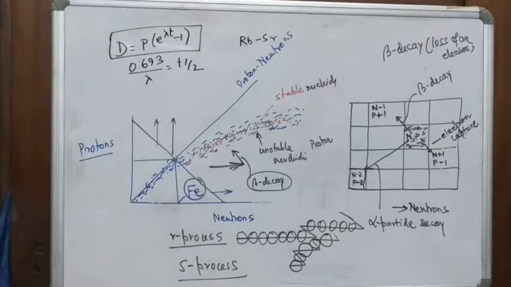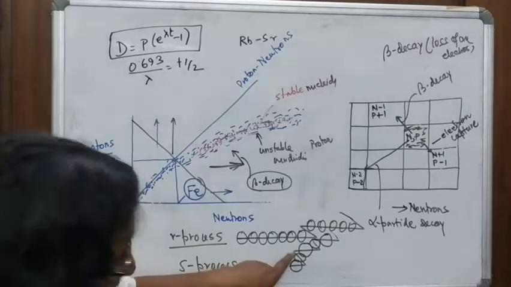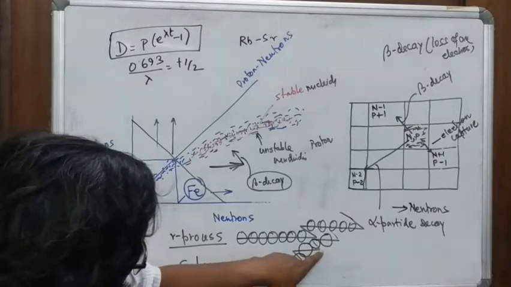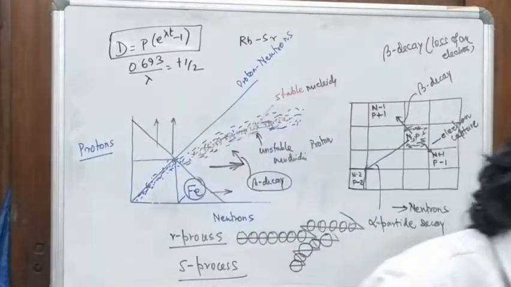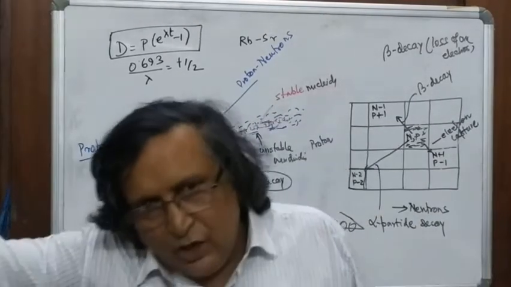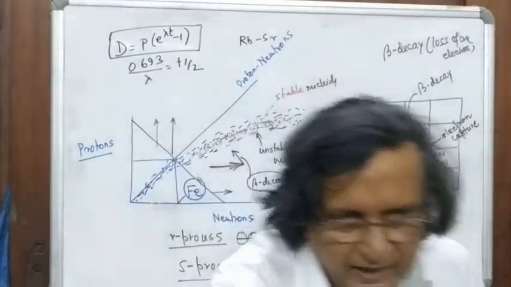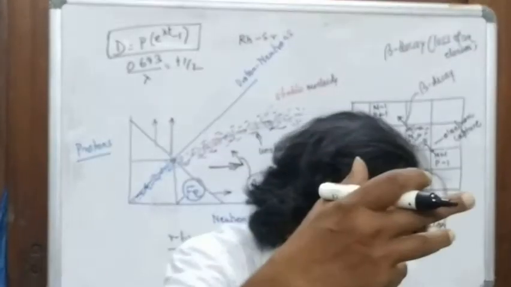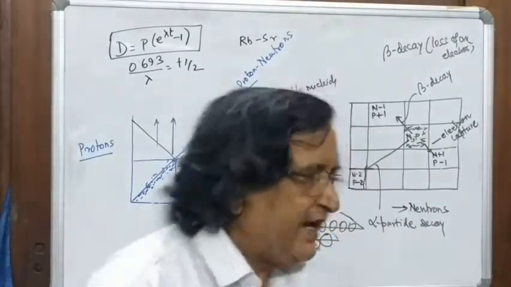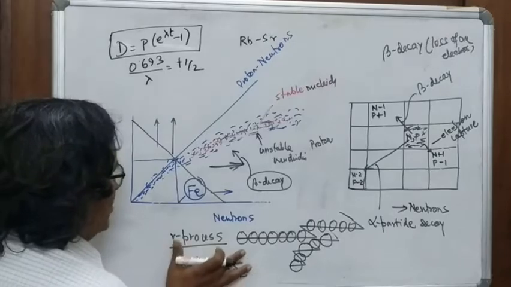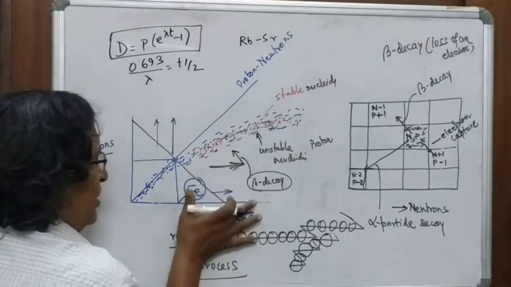Slow process. So what happens? You bombard it with a neutron and this undergoes beta decay. Bombard it with neutrons, beta decay, and so on. So both are going simultaneously, where you bombard it with a lot of neutrons or it's a slow process, and beta decay, and more neutrons, and a beta decay. So all things can happen. But essentially, the direction of it is on this side.